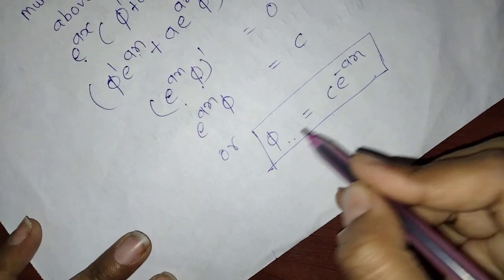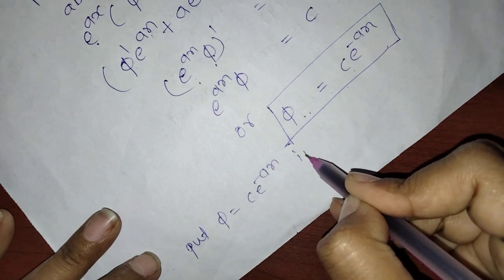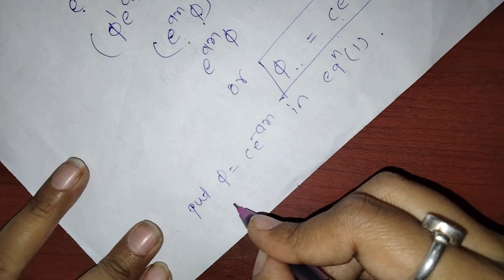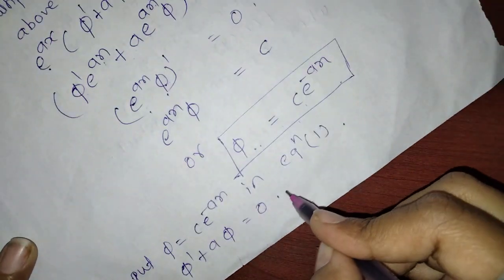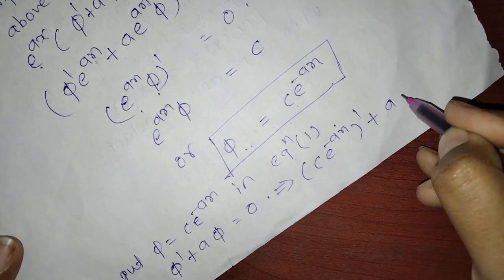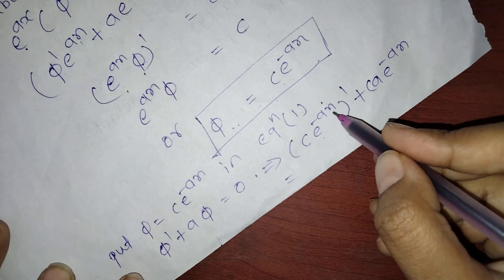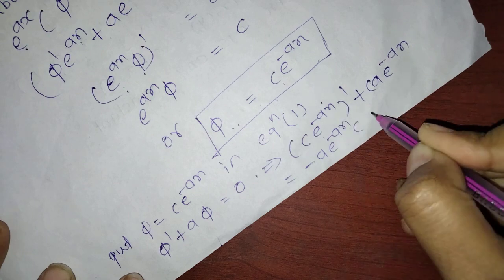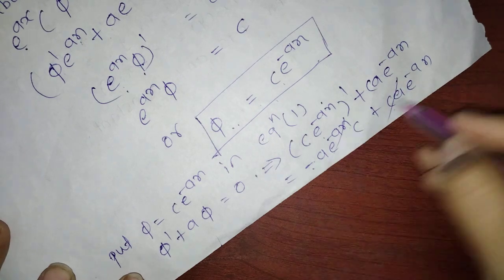Now put phi = c e^(-ax) in equation 1. We get phi' + a phi = 0, which implies (c e^(-ax))' + a e^(-ax) c. The derivative of this gives minus a e^(-ax) c plus c a e^(-ax). Minus and plus get cancelled, so we get 0.